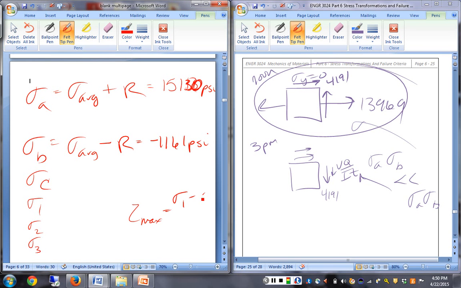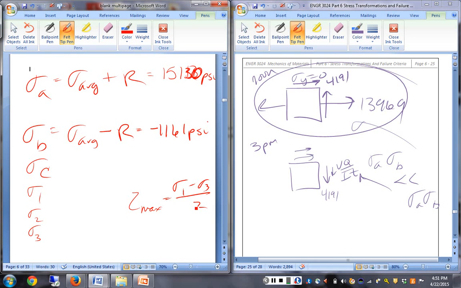Sigma 1 minus sigma 3 over 2. And so what is this? This is 15,130. This is 0. This is minus 1161. So this guy is 15,130 plus 1161 over 2, 8145.